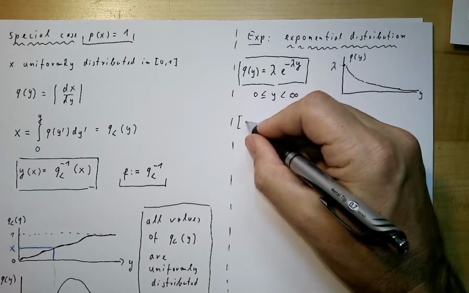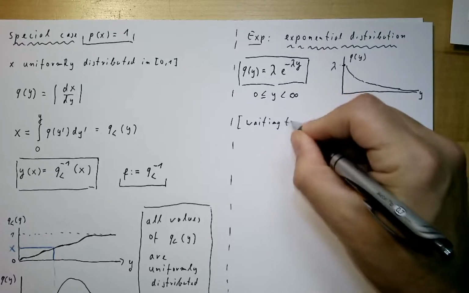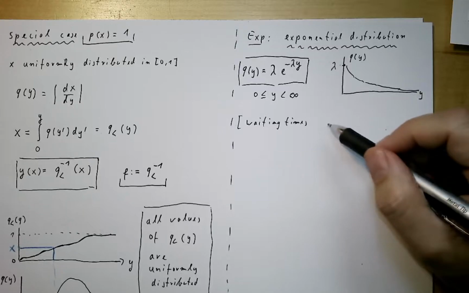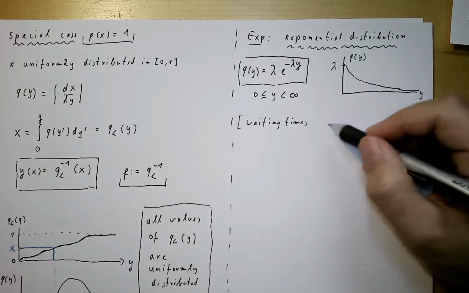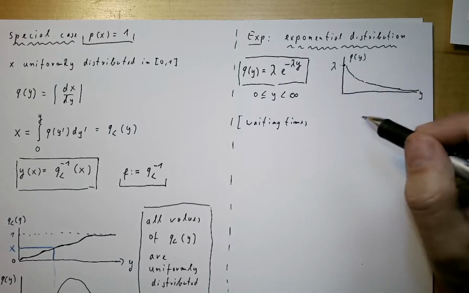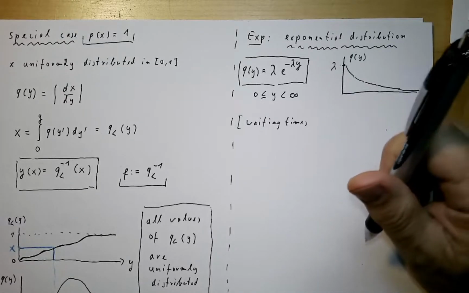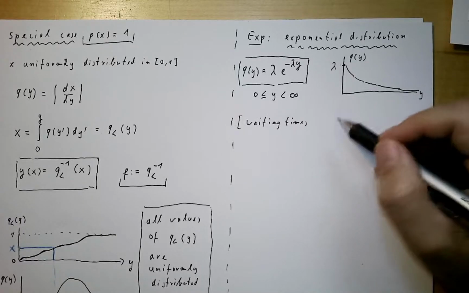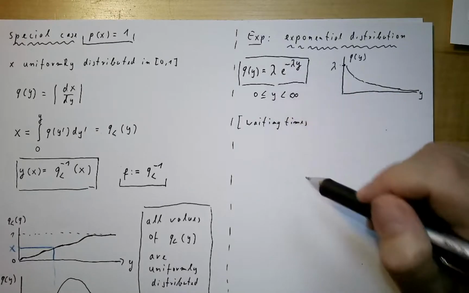Typical examples when you use this are waiting times. For example, the paradigmatic case is you have a radioactive atom, and you want to wait for the next decay. In every time instance you have the same chance that something happens, and then the waiting time to the next event is exponentially distributed.